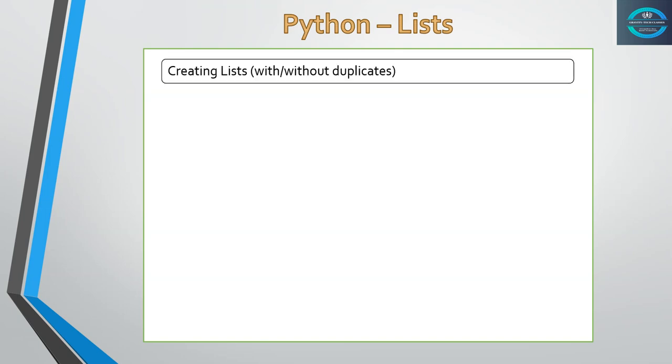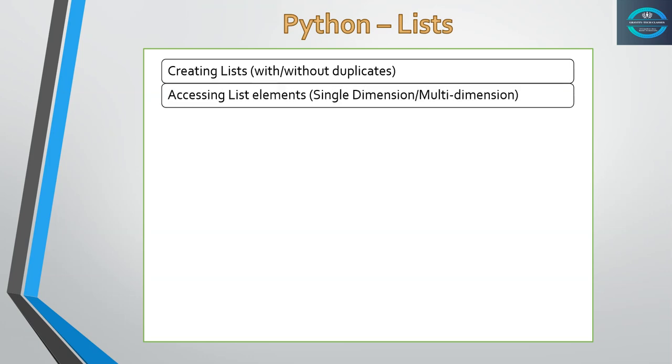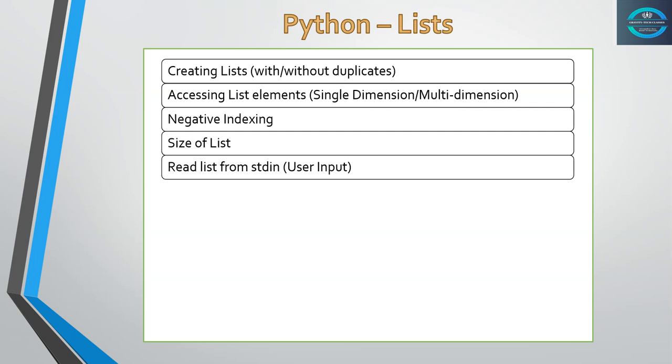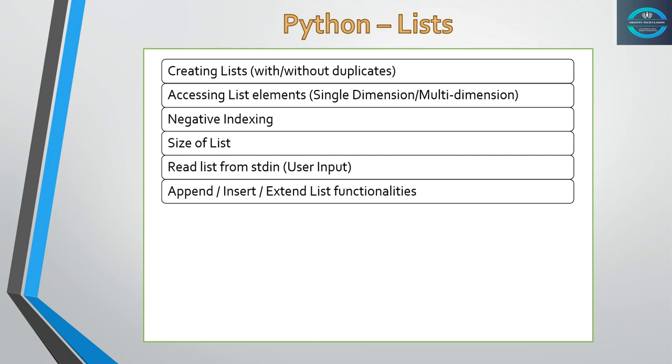We're going to see how to create a list without or with duplicate items, accessing list elements, whether it is a single-dimension list or a multi-dimension list, how to use negative indexing on lists, how to find out the size of the list, how to read the list elements from stdin, that is user input, how we modify the list, what functionalities are available to append, insert, or extend a list.